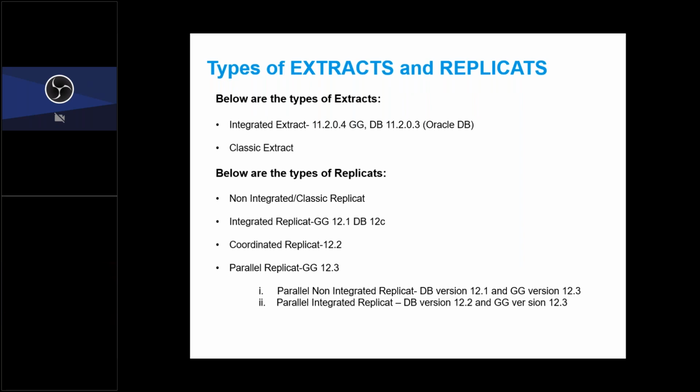So now let us discuss the different types of extracts and replicates available in the Oracle Goldengate environment. What are the different types of extracts and replicates available in Oracle Goldengate?